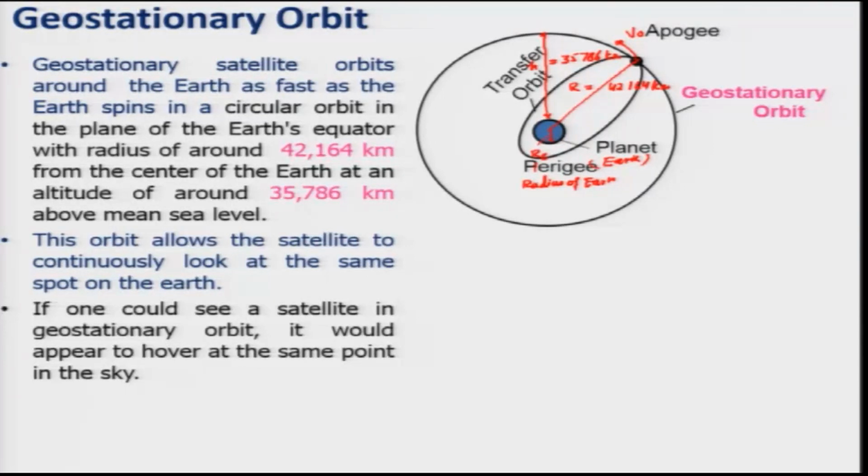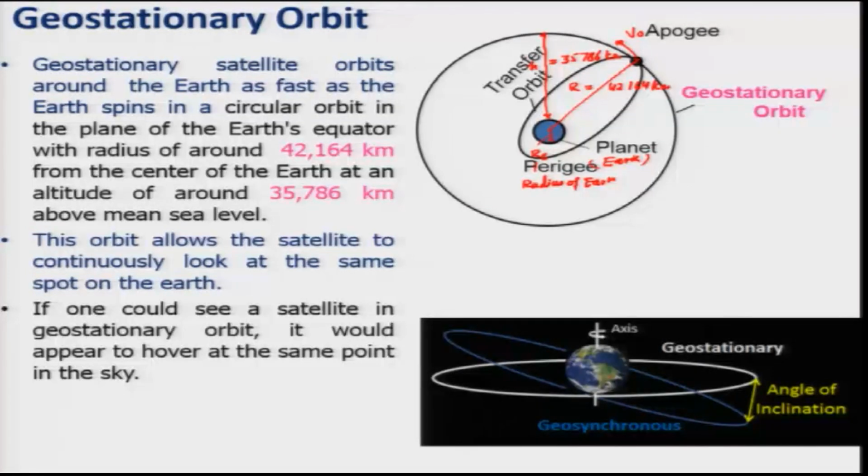So, for that people devised another orbit which is similar to the geostationary orbit, and the only difference is that the angle of inclination is not 0, it is different. Generally, for the geostationary orbit around the equator the inclination angle is 0, but a geosynchronous orbit can be of any angle, and various geosynchronous orbits are being devised and used. So, a lot of satellites can be put there.